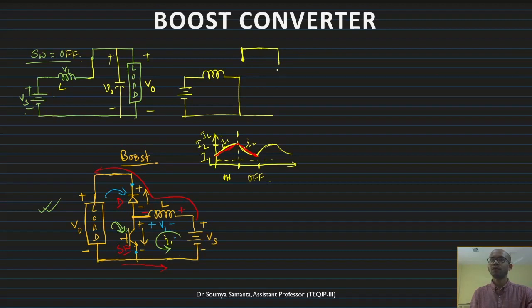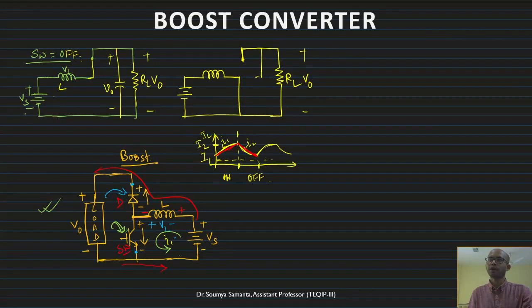Now we will connect an R load, RL. This is the output voltage VO, the average voltage. So there also we are getting output voltage VO, plus and minus.